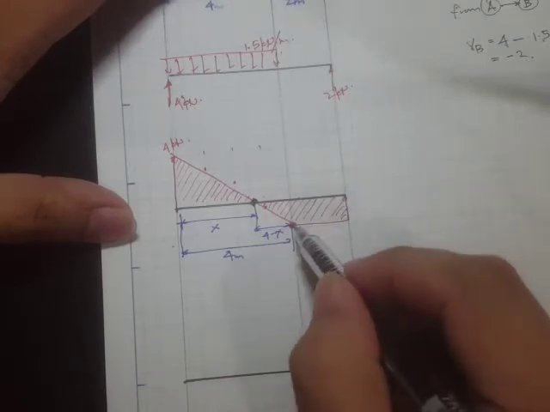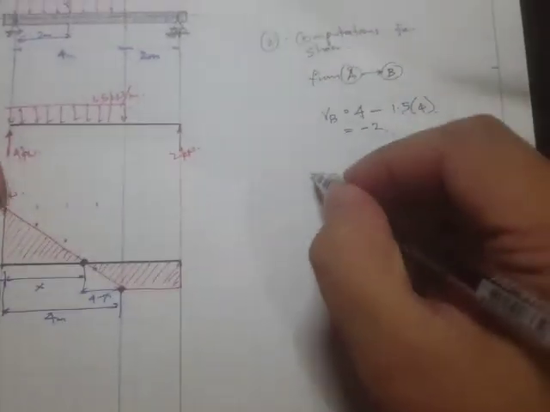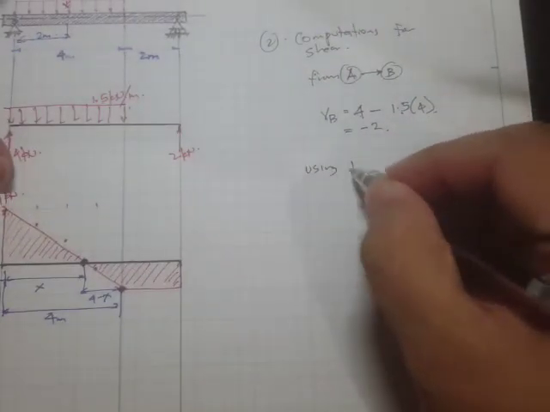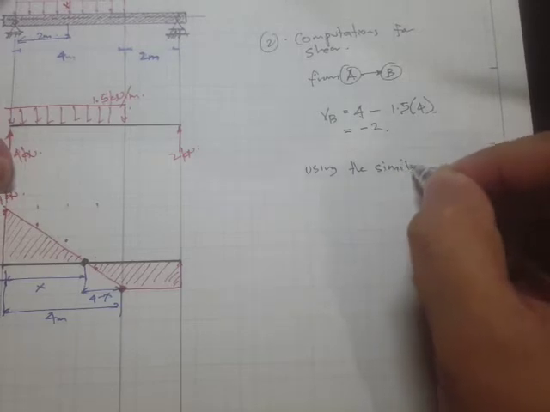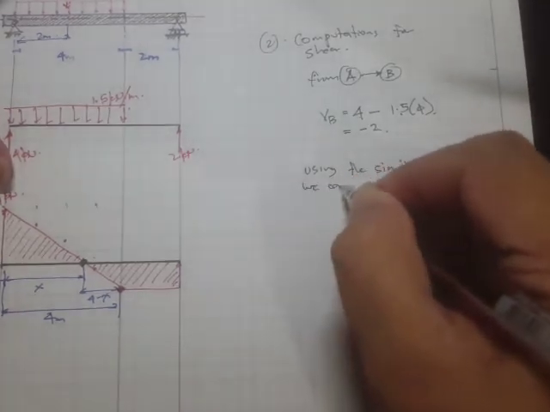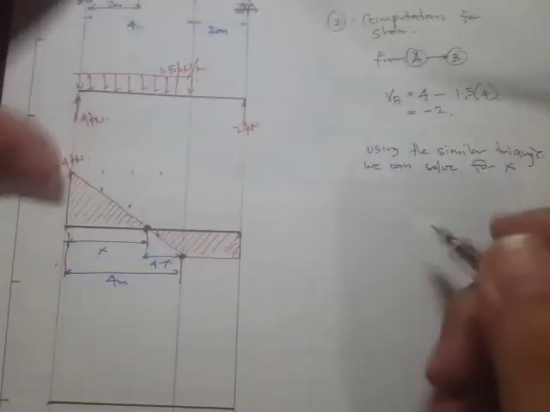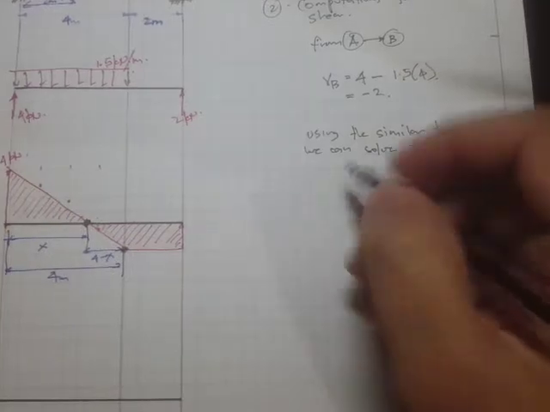Okay, so since we have this value right here, and we have this value, then we can solve for the value of x using the similar triangle. Okay, so how do we do that?